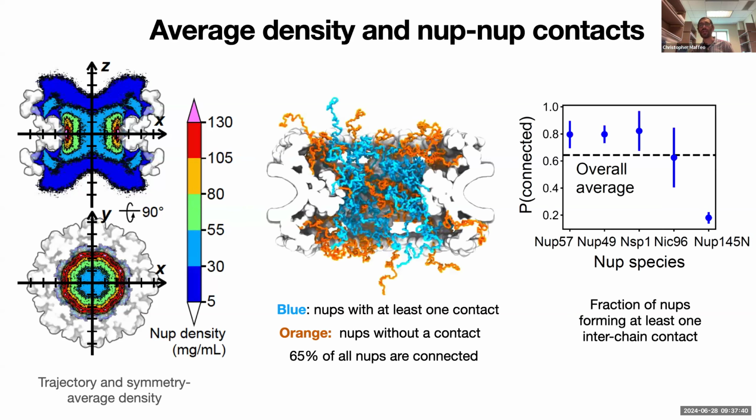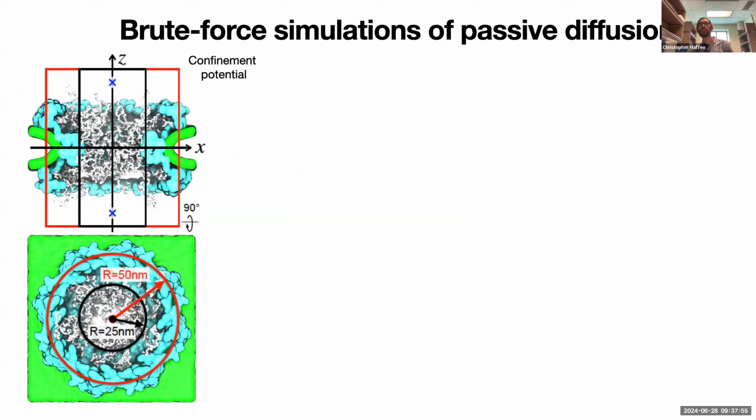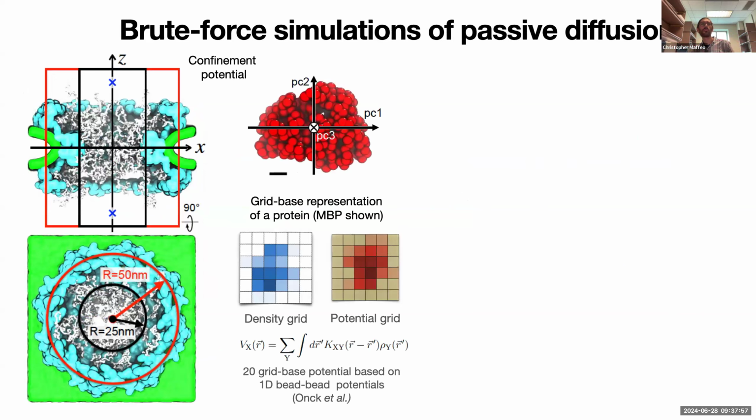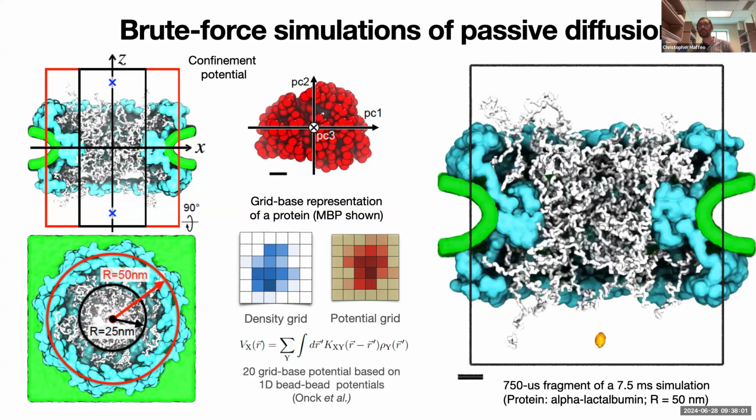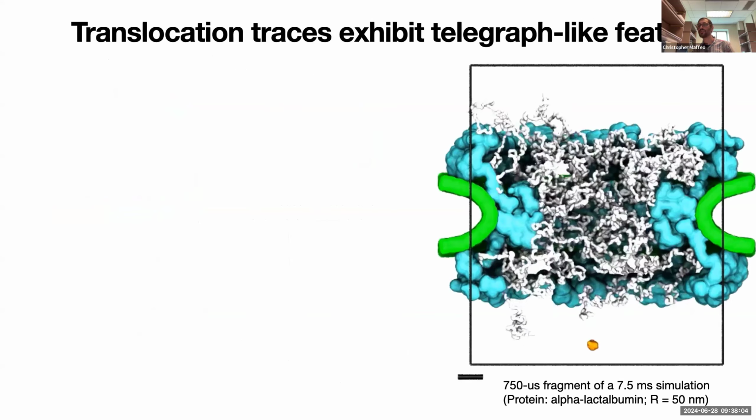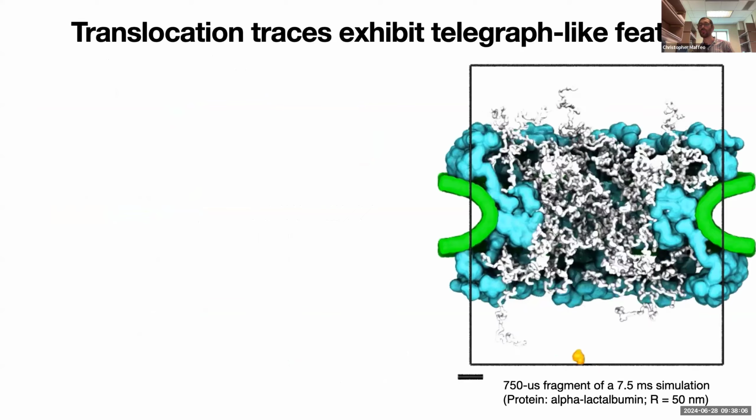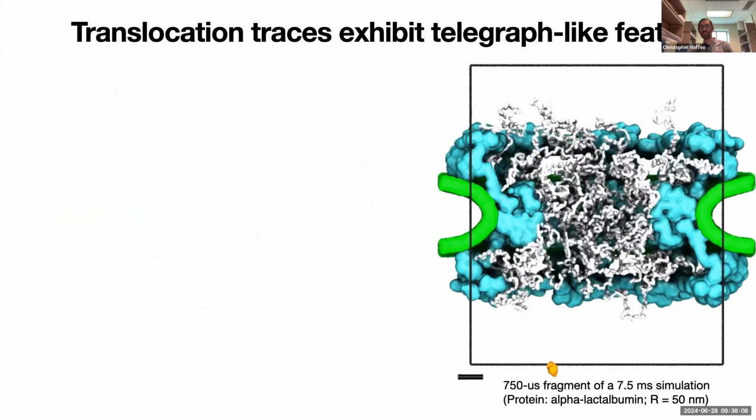He was also able to look at how they form contacts with each other, and how likely they are to be connected depending on which NUP was present in the system. But we were interested in transport, so we threw a protein modeled as a rigid body into the system and just waited and waited and waited for something to happen.